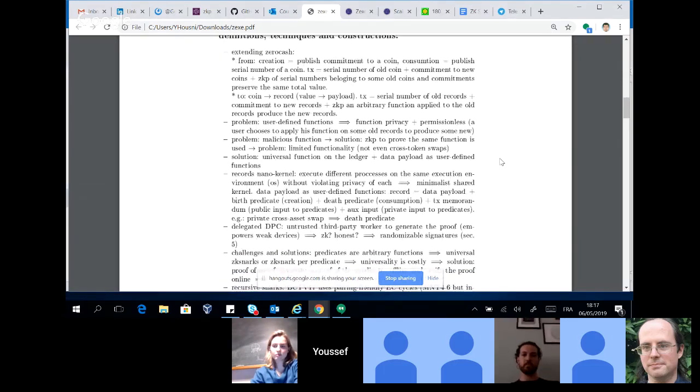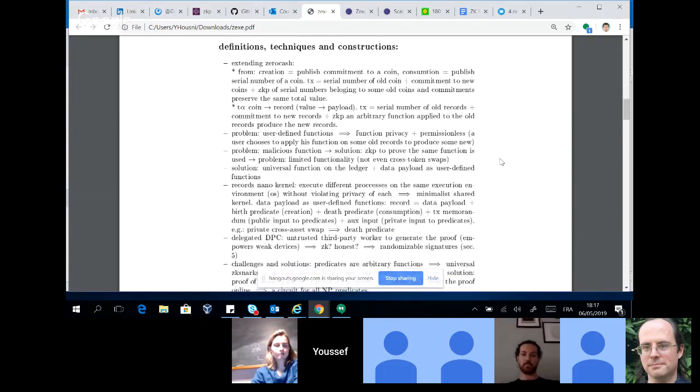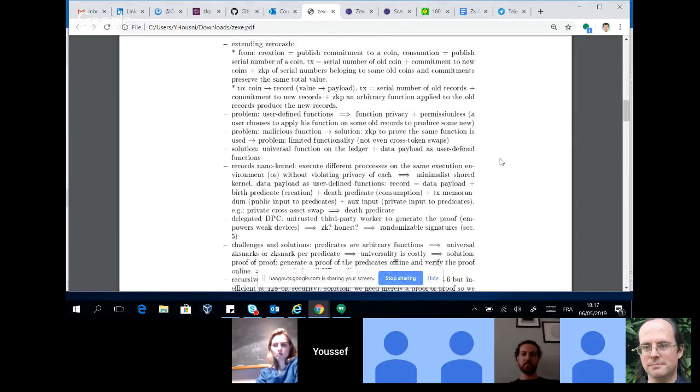And also in this section, techniques, they are talking about delegated DPC, delegated distributed private computation. I think we will talk about this in more detail in next sessions. But the idea is we are doing proofs that attest to the correctness of offline computations. The bottleneck of a proof in terms of time is the generation of the proof.